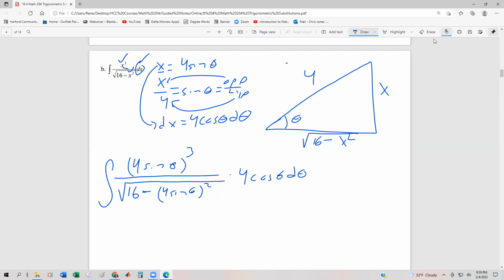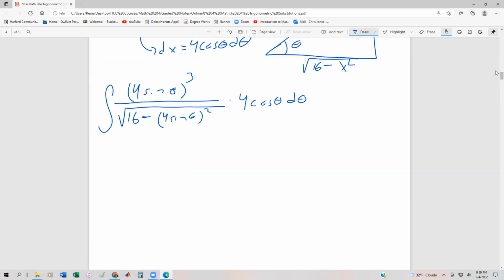Now at this stage, we're just going to simplify the radical. Let's leave everything else alone. Of course, we could try to expand the numerator a little bit. But if we simplify just this part right here, that's going to turn into the square root of 16 minus 16 sine squared theta, just by squaring out what's underneath the radical.